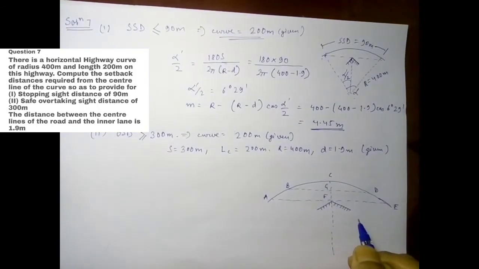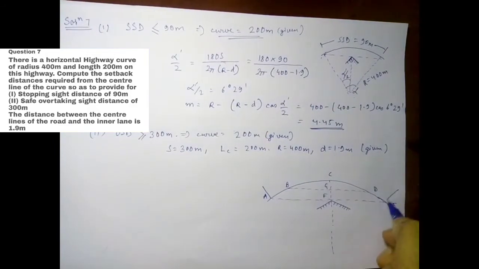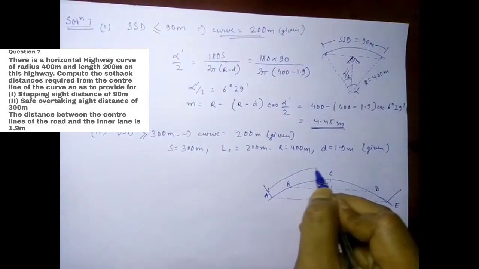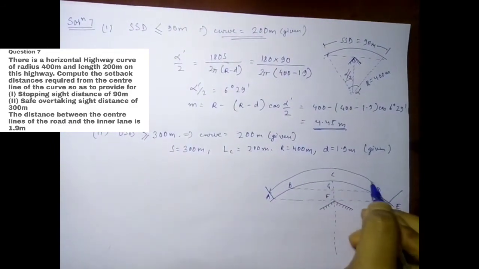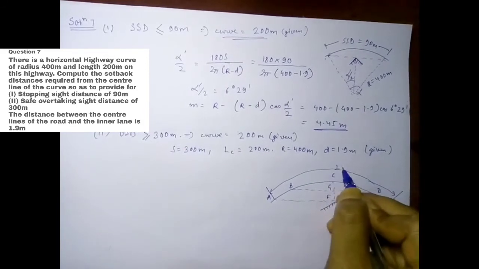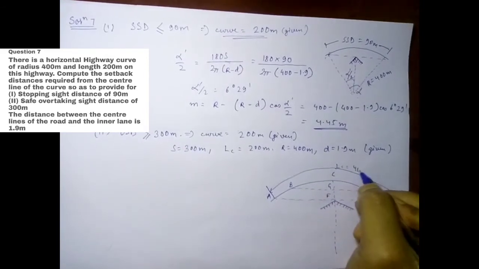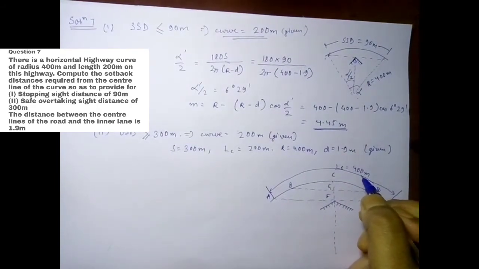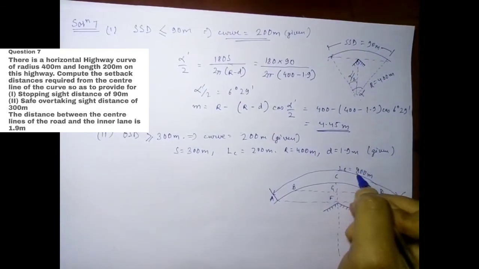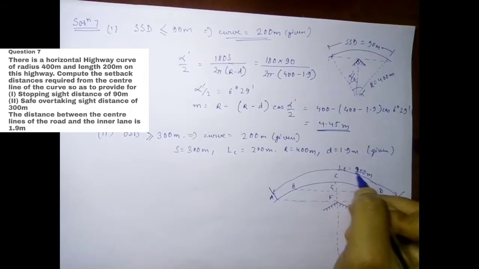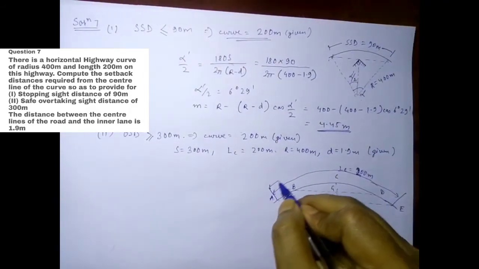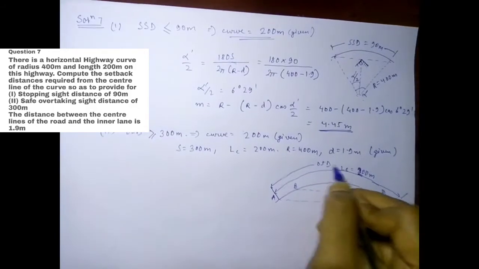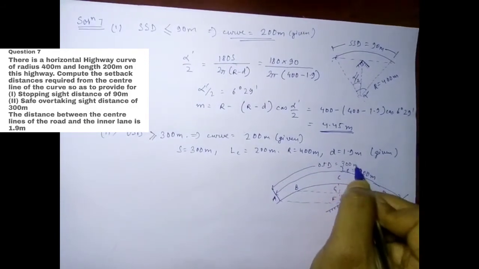The obstruction is over here and we have LC equal to 200 meters, sorry, LC equal to 200 meters and also OSD equal to 300 meter.